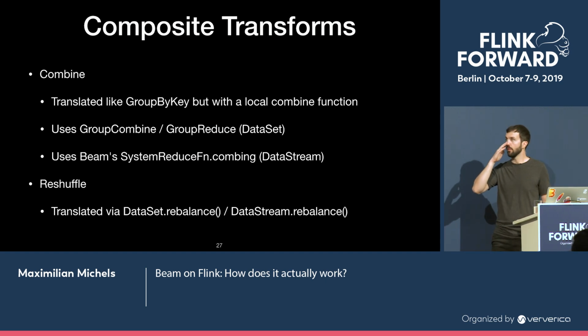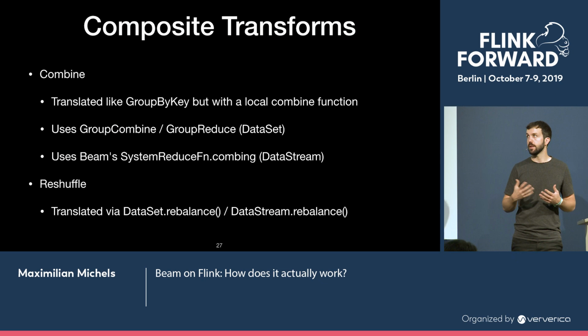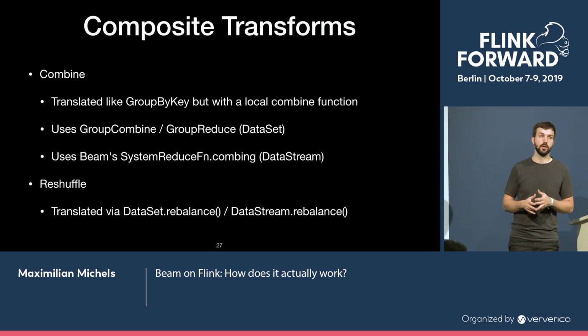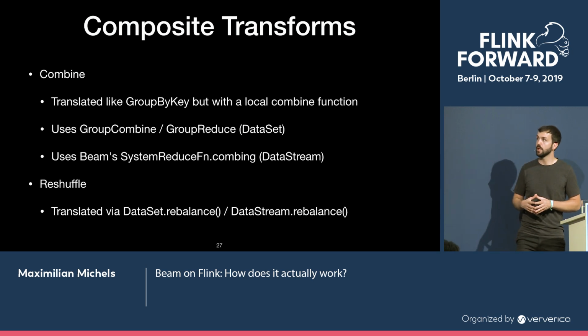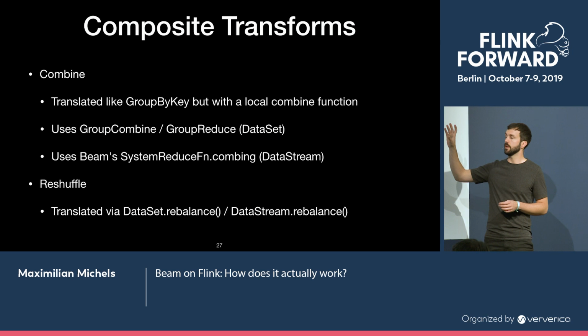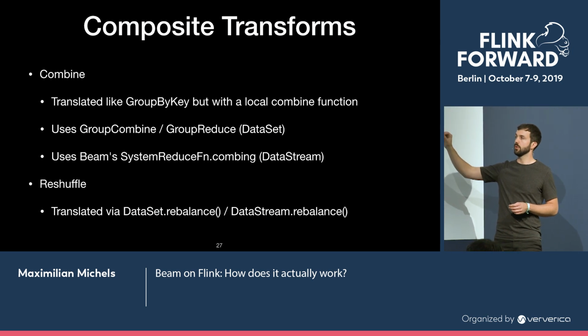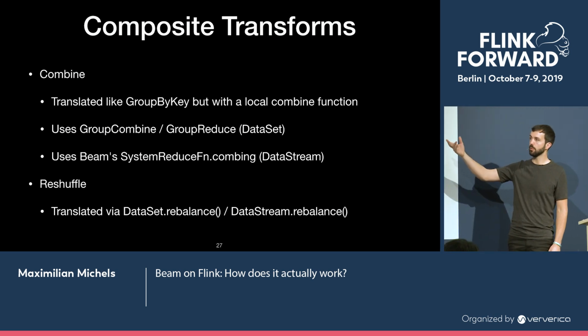And of course, we would be done now here, but we chose also to translate some more composite transforms. I mentioned combine already, so this is using a group combine and a group reduce followed by each other in batch, so we can effectively combine locally the values before we send them over the network.